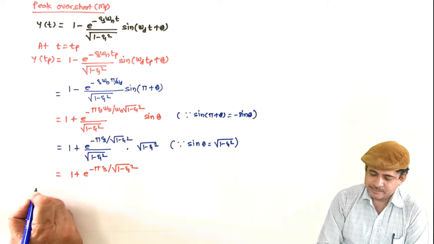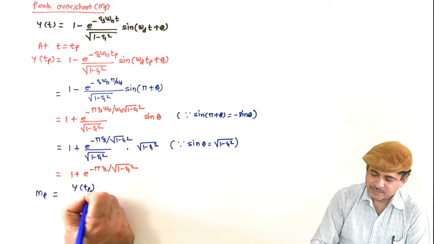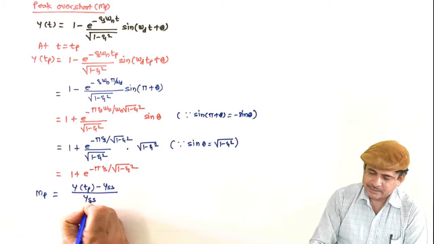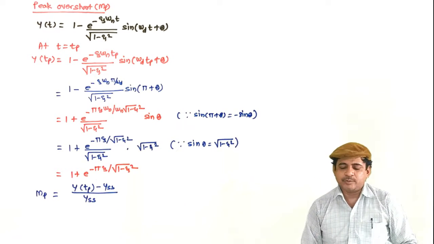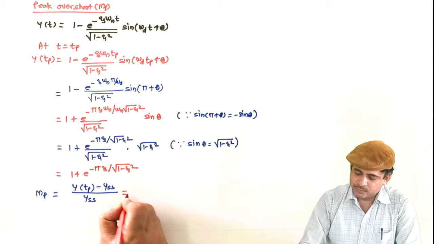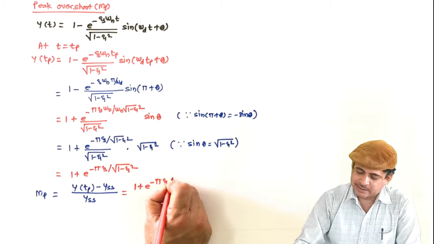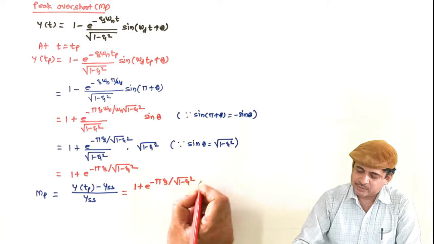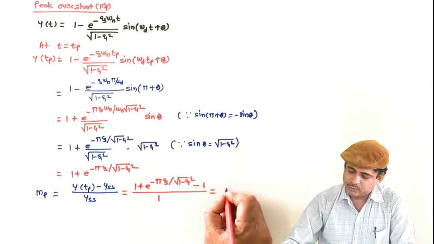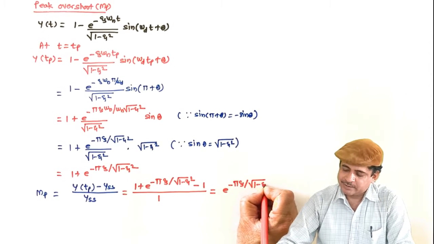And then MP is y of Tp minus y ss divided by y ss, and here we have considered it to be the unit step response, so it is nothing but equal to, y of Tp is 1 plus e raised to minus pi zeta upon under root 1 minus zeta square, y ss is 1 divided by 1, which is equal to e raised to minus pi zeta upon under root 1 minus zeta square.